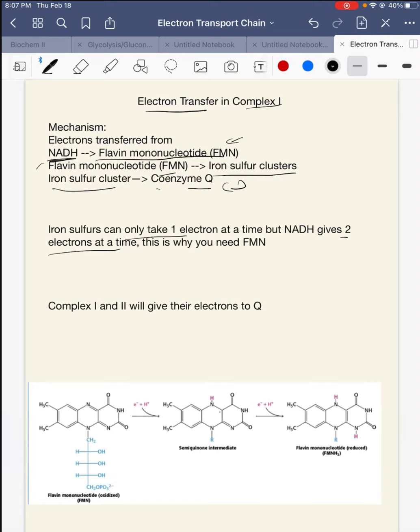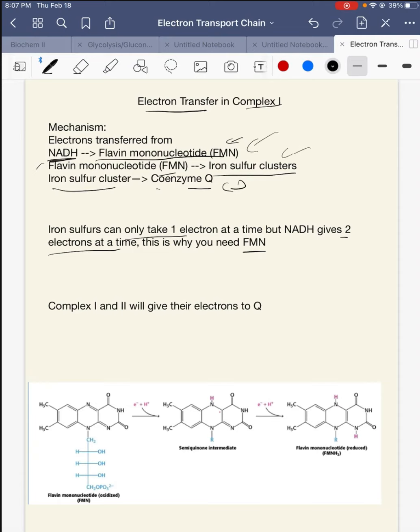We have this intermediate called FMN, which takes the electrons from NADH 2 at a time and then gives them to the iron sulfur clusters 1 at a time. That's why we need all these cofactors in the middle, because some things can only accept 1 electron at a time, and some things can only give 2 electrons at a time.